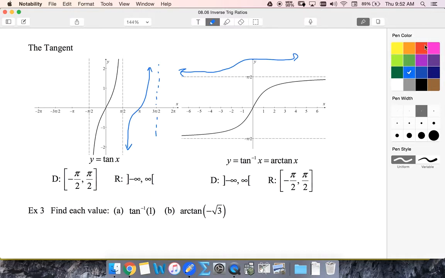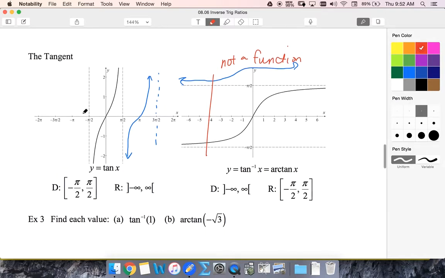So with tangent, what we do, so that's not a function. So with tangent, we limit the original graph's domain for one period, negative pi over 2 to pi over 2.